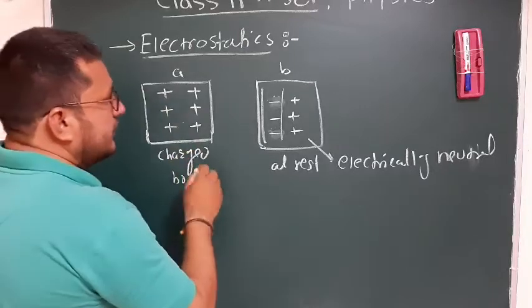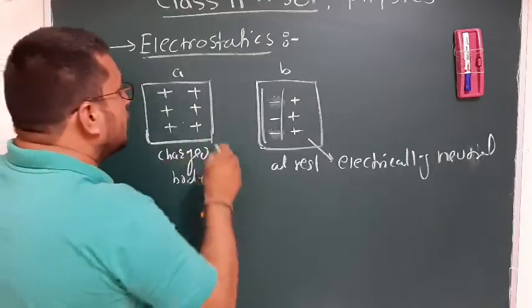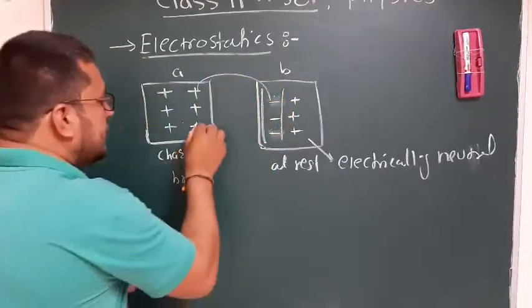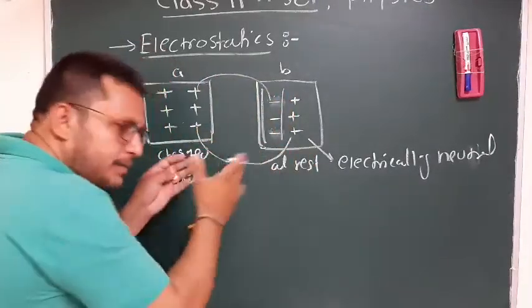Why? Because, as in our previous diagram, unlike charges attract each other and like charges repel each other.